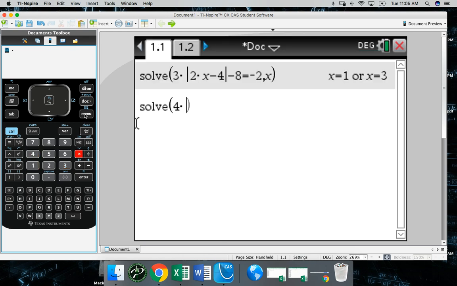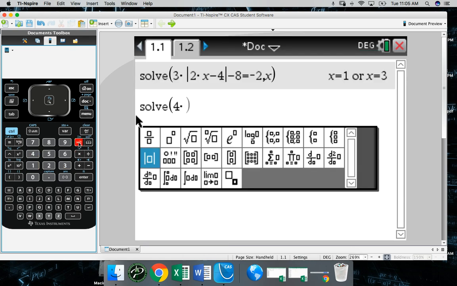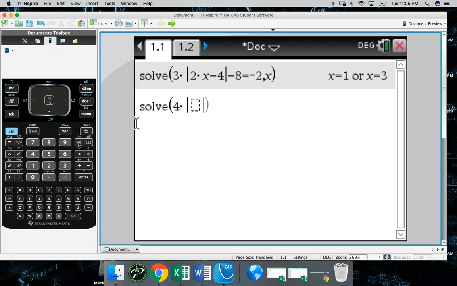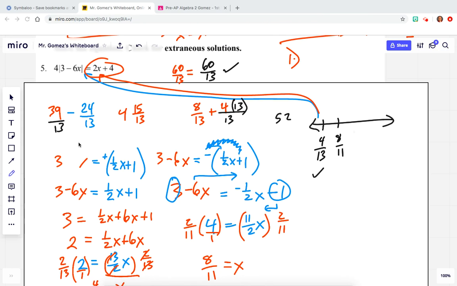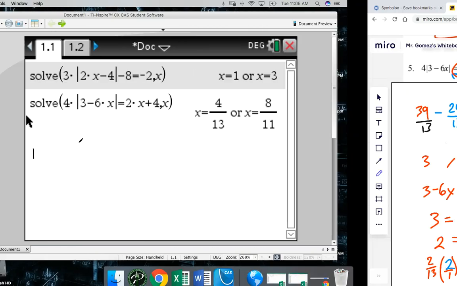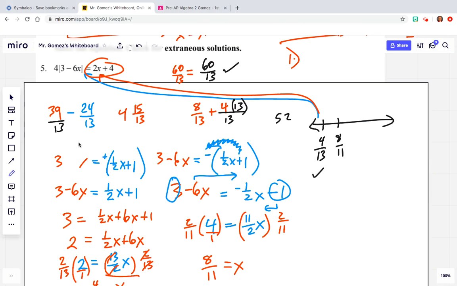And we're going to do the equation: the absolute value of 3 minus 6x is equal to 2x plus 4. We're going to solve for x. And sure enough, we get 4/13 and 8/11. They both showed up, so they're both answers. Neither of them are extraneous.